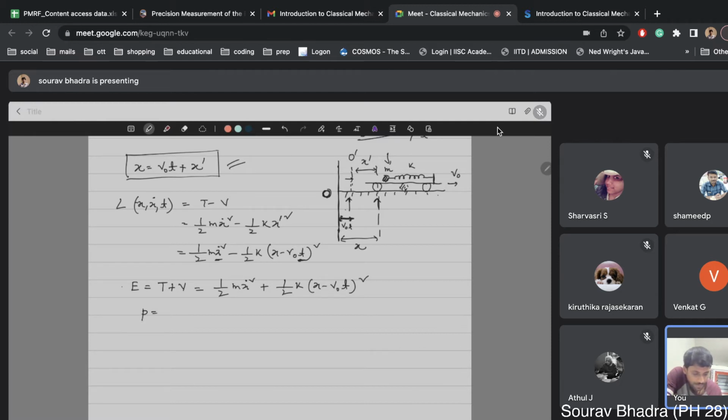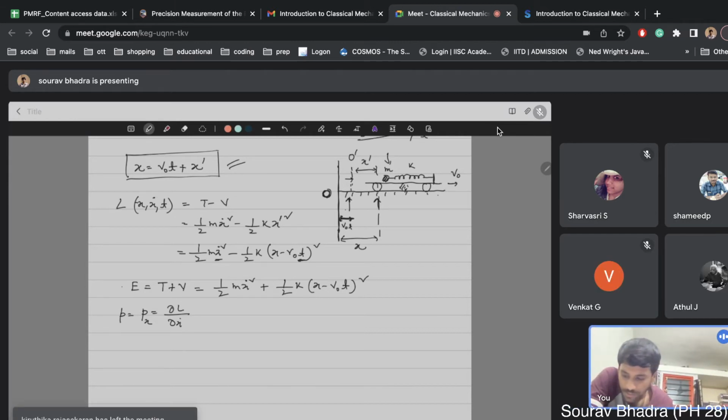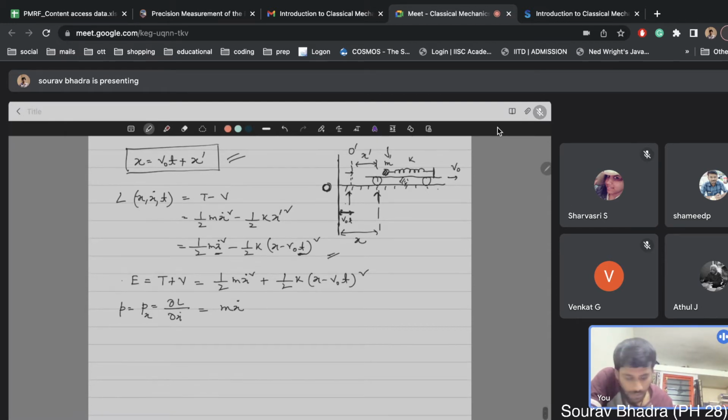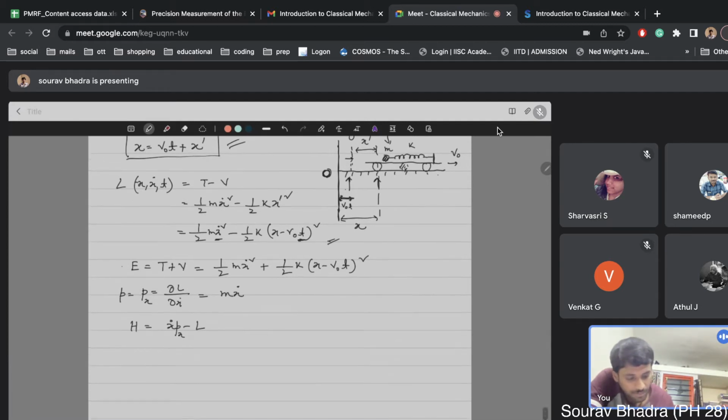So p is the momentum, which is del L del x dot. You can write it as px also, as there is only one coordinate. So del L del x dot will give you m x dot from this expression.